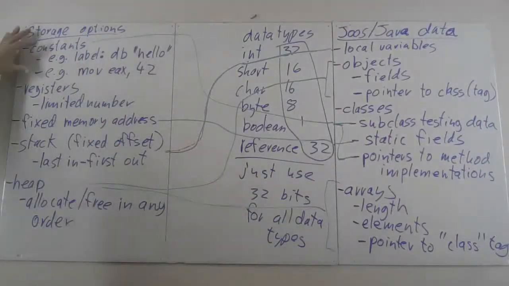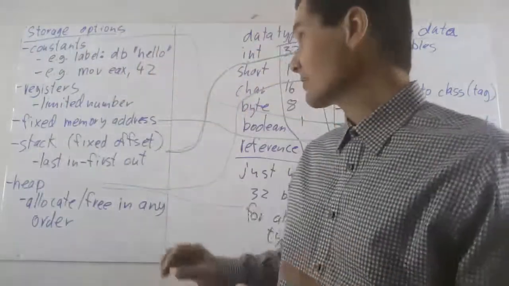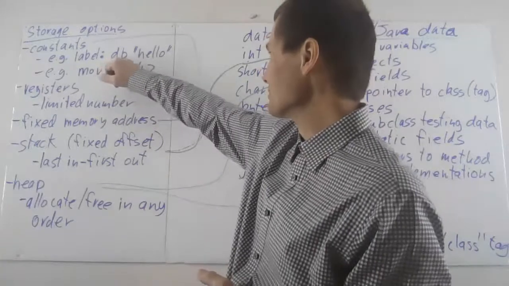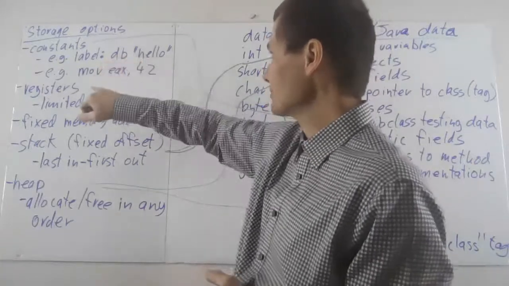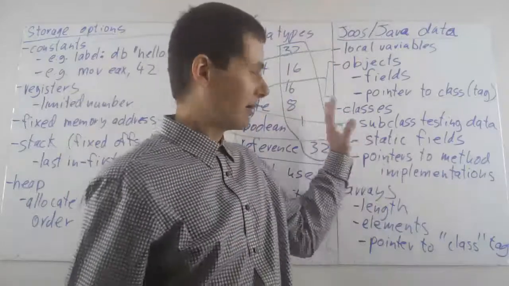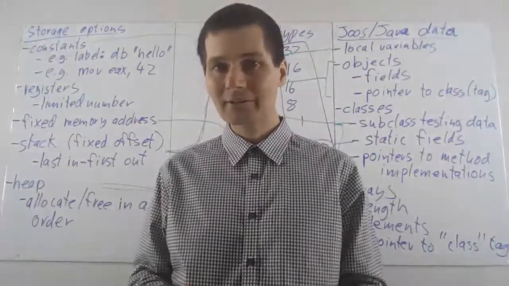So you can encode that information as constants in your generated code. So you put some DBs or DWs with some labels that store all of this information. So you can put that as constants into your code.